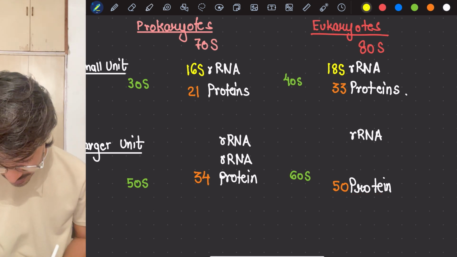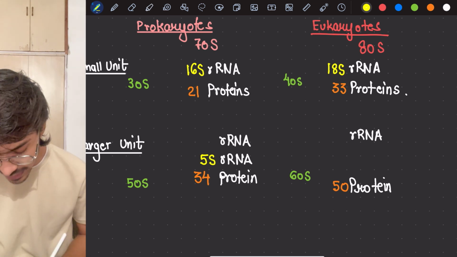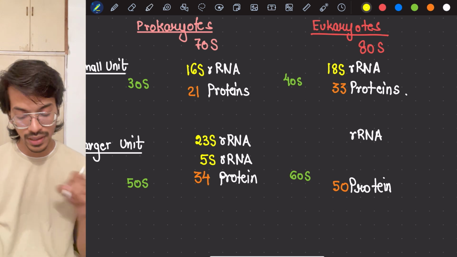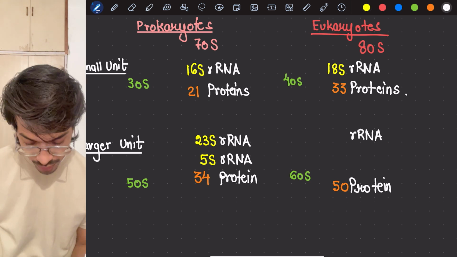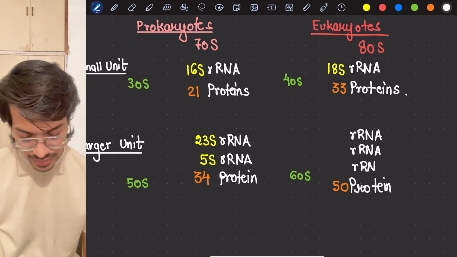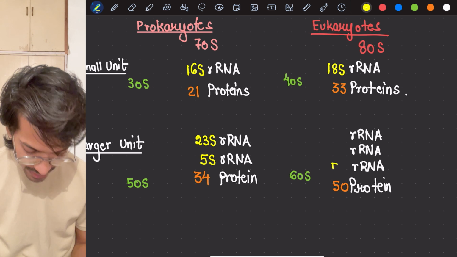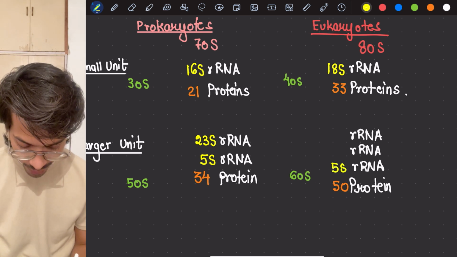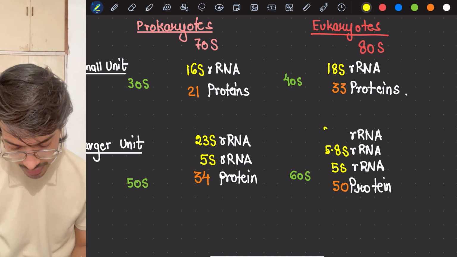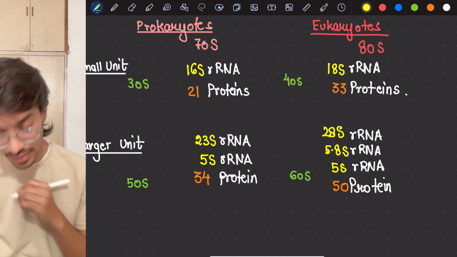The first is 5S rRNA, and the other is 23S rRNA. Whereas in eukaryotes, we have a total of 3 types of rRNA present. Number one is the similar 5S rRNA, then we have 5.8S rRNA, and we have 28S rRNA present.